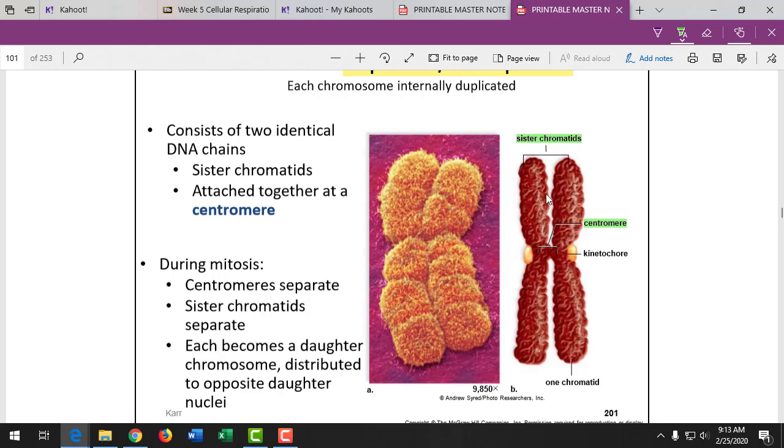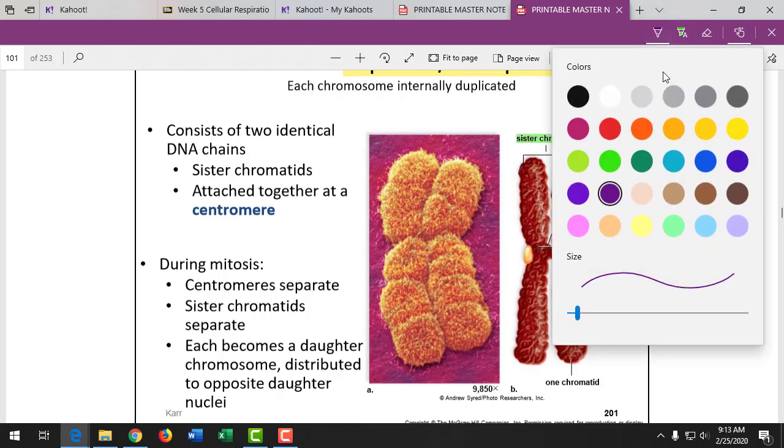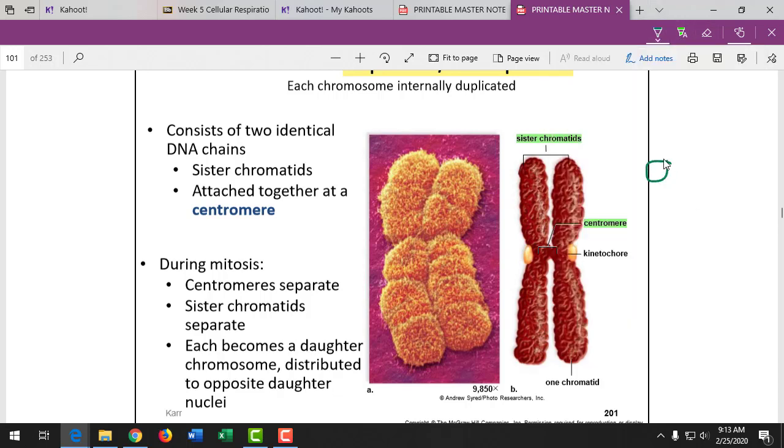Before DNA is replicated, all we have is a single coiled DNA strand. It looks really ugly because I'm drawing with a mouse, but that's what we have before DNA replication. After DNA replication, we have a new copy, and that new copy is bound to the old copy by the centromere.